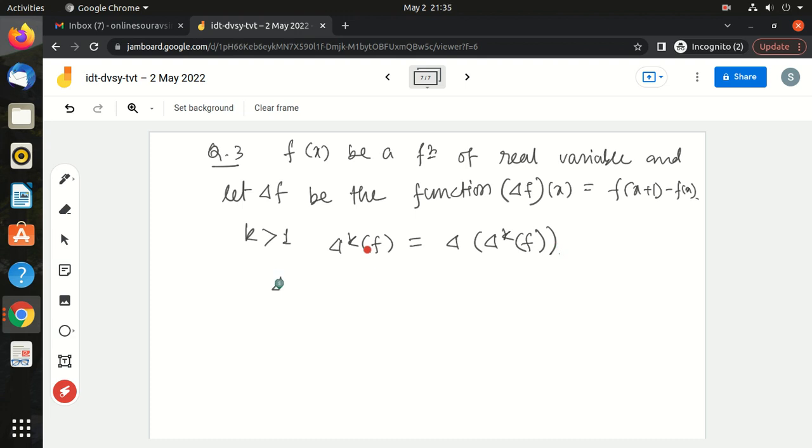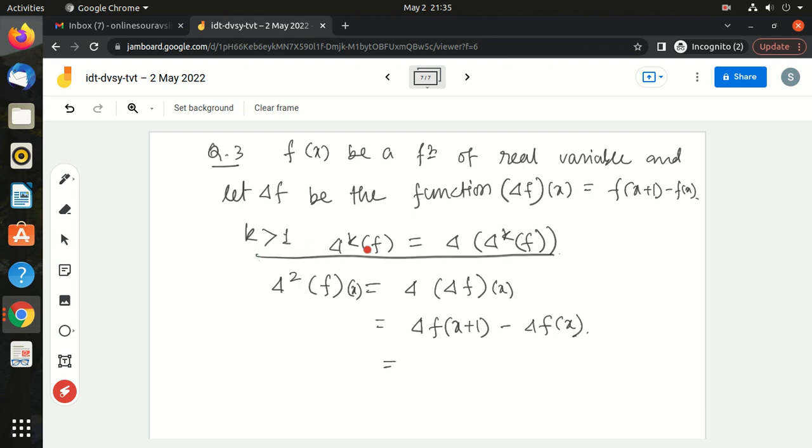Now you see what is delta 2 of f. Delta 2 of f is delta of delta f. So this is equal to delta of f of x plus 1 minus delta of f of x.